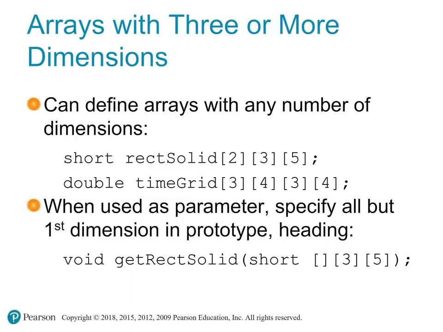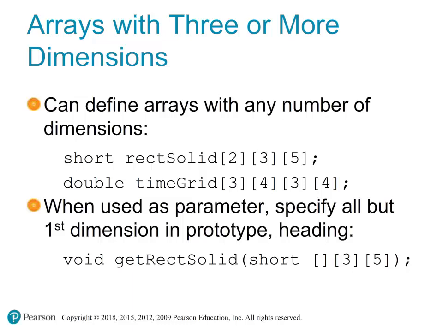To access an element, specify its coordinates in each dimension. We have a rect solid subscript 1, subscript 2, subscript 4. So when you pass a multi-dimensional array to a function, all dimensions except the first one must be specified in the function prototype and heading.